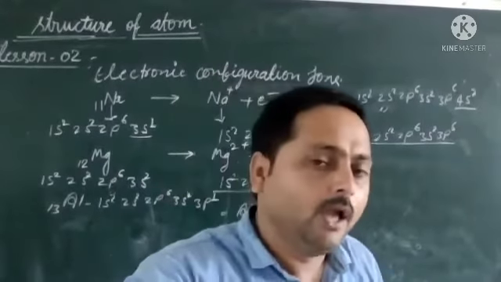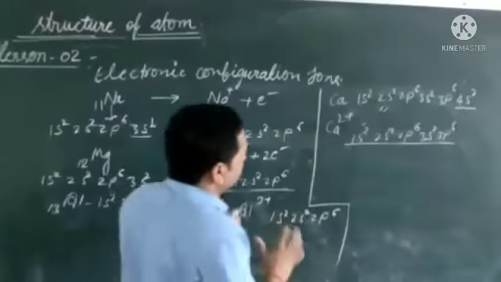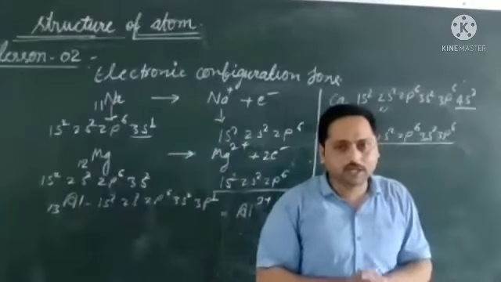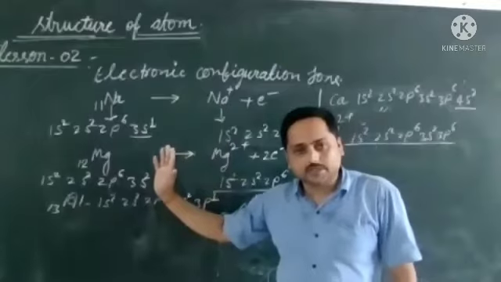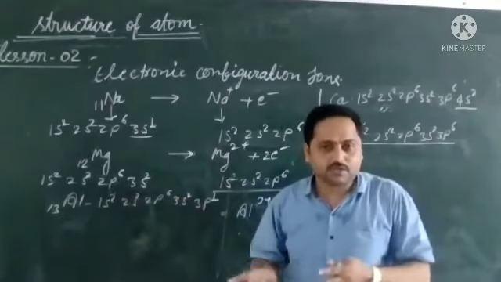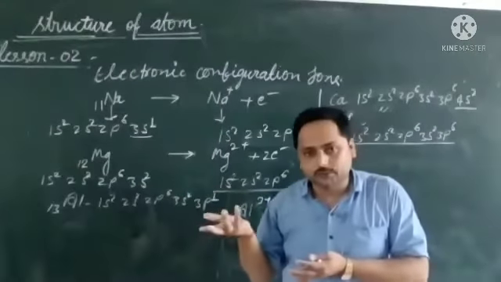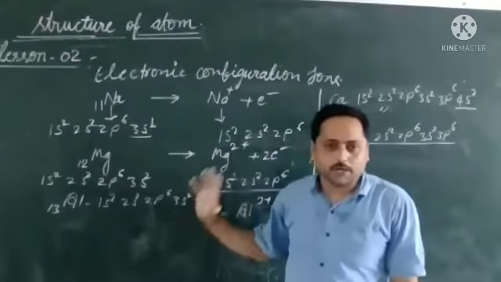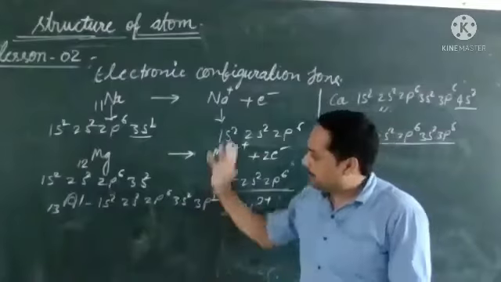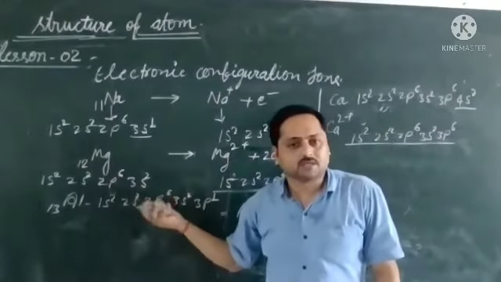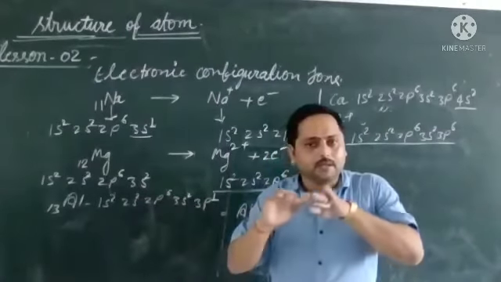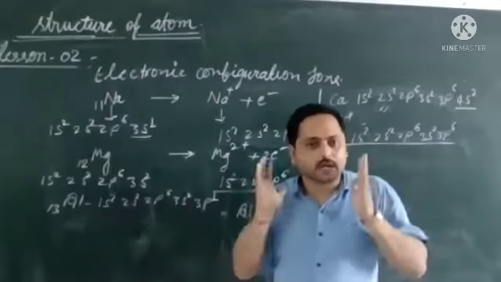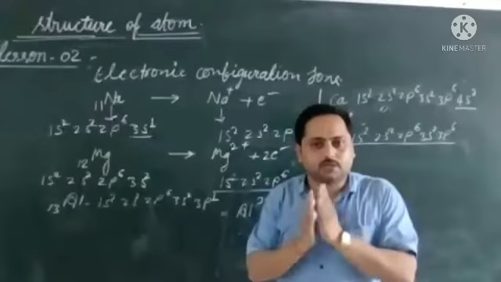So like this, you have to write the electronic configuration of atoms and ions. Just remember, this is for the positive ions. Now I am going to move to negative ions. So positive ions' electronic configuration, you have learnt how to write. Everybody is clear on this?